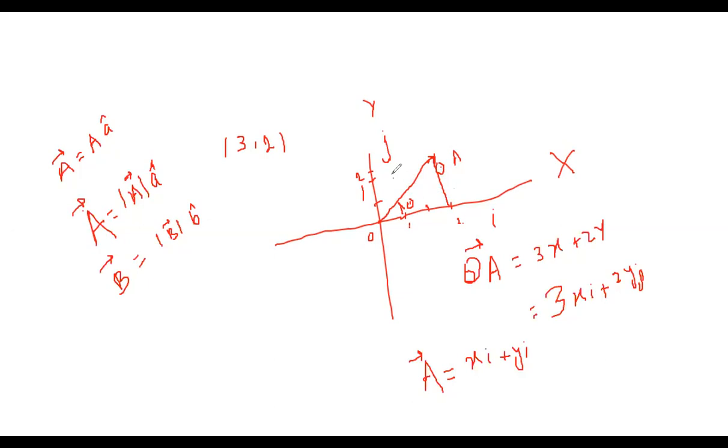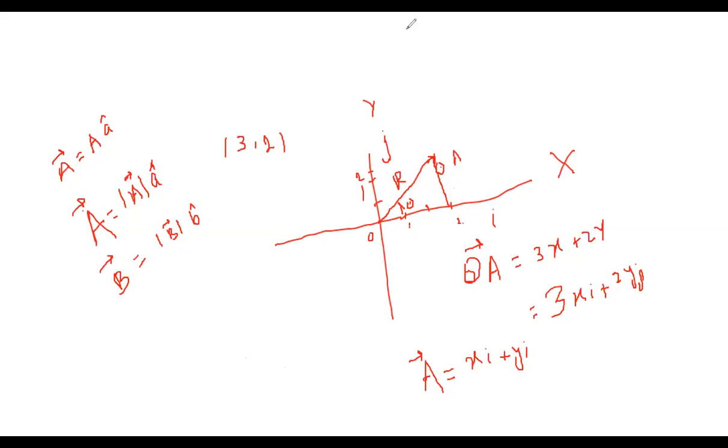We can find this vector r by using the Pythagoras theorem, and we will see this in a separate lecture when we find the resultant vector.